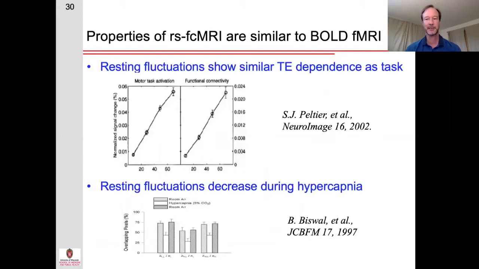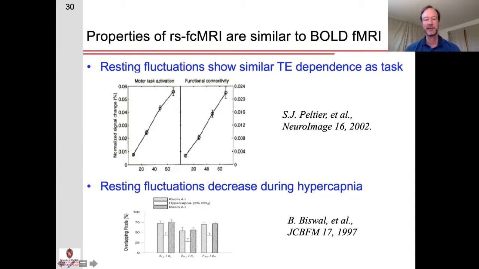Next, Scott Peltier found that if you look at the echo time dependence, typical task activation shows a linear increase in the percent signal change with increasing echo times, and resting state functional connectivity shows exactly the same pattern. In addition, Brad Biswell in 1997 showed that the resting fluctuations decrease during hypercapnia, that is, if you give somebody a higher proportion of CO2 to breathe.